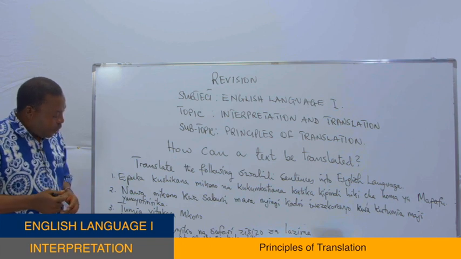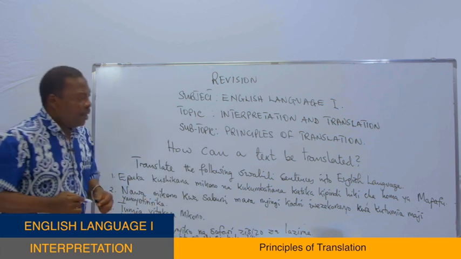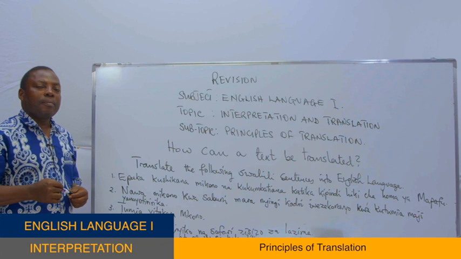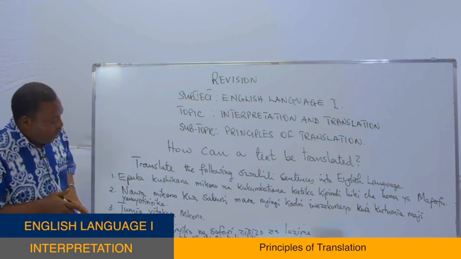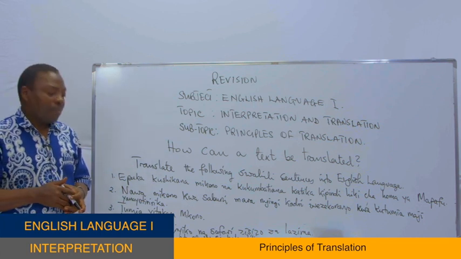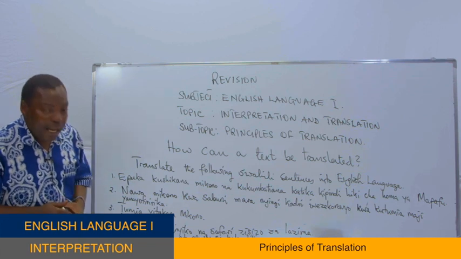Sentence number 3, tumia vitakasa mikono. Sentence number 4, vaa barakoa. Sentence number 5, epuka mikusanyiko na safari zisizo za lazima. And the last one is, tumuombe Mungu atuepushe na balaa hili.